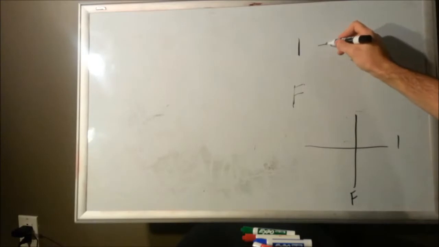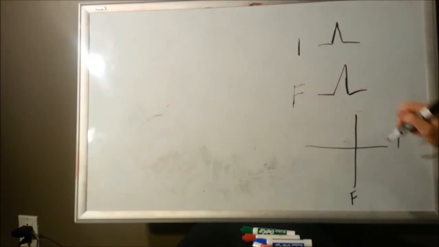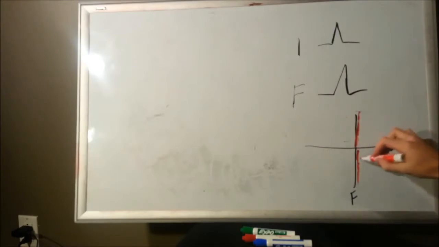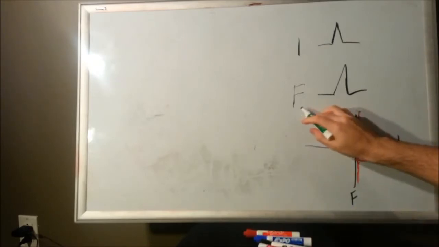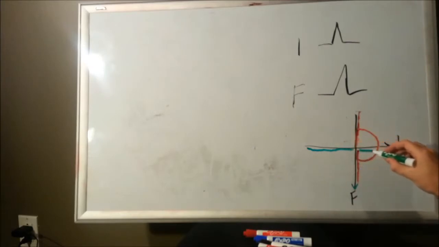If lead 1 QRS complex is positive and lead F QRS complex is positive, you know that it's somewhere between the two. If this is your vector force, and you draw on that perpendicular line to 1, it's going to be somewhere on this side. Likewise, for F, you know that F faces down this way, so you draw on your perpendicular line, and it's going to be somewhere down here.